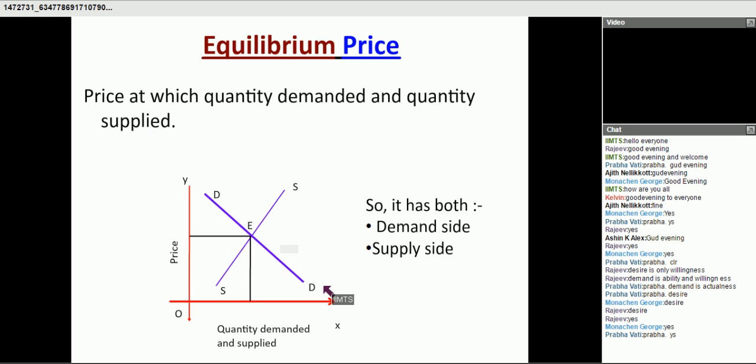So in this graph, DD is the demand curve and SS is the supply curve, and they are cutting each other at point E. Not OE, it should be P here. So OP is the equilibrium price and OQ is the equilibrium quantity. Alright, this is simple.